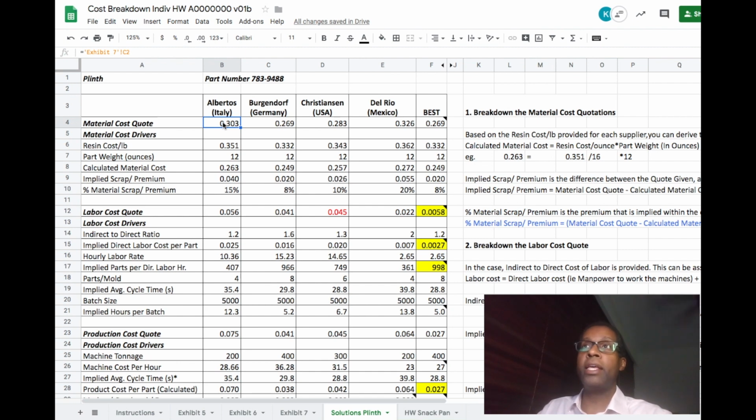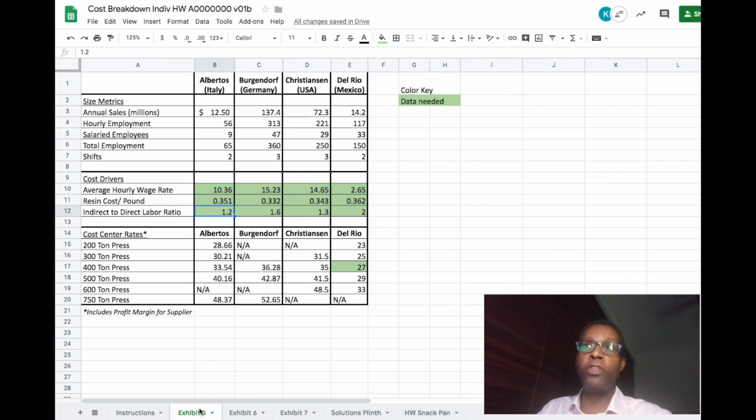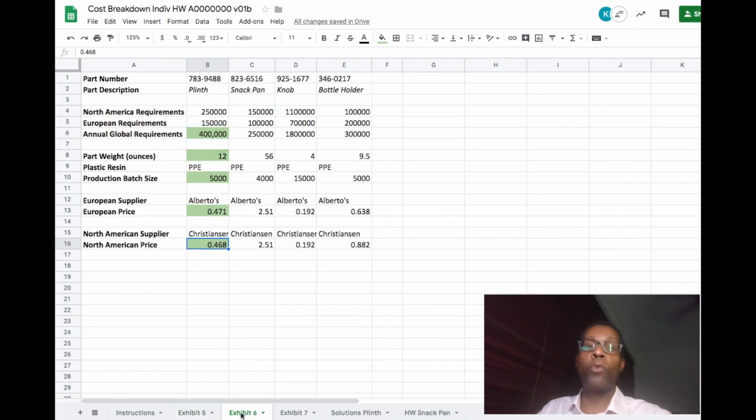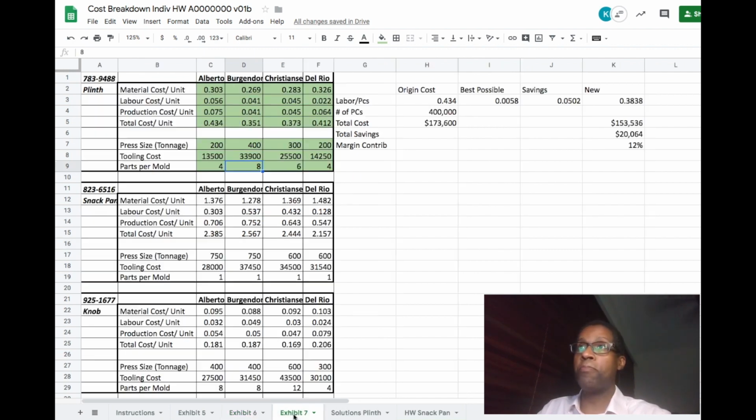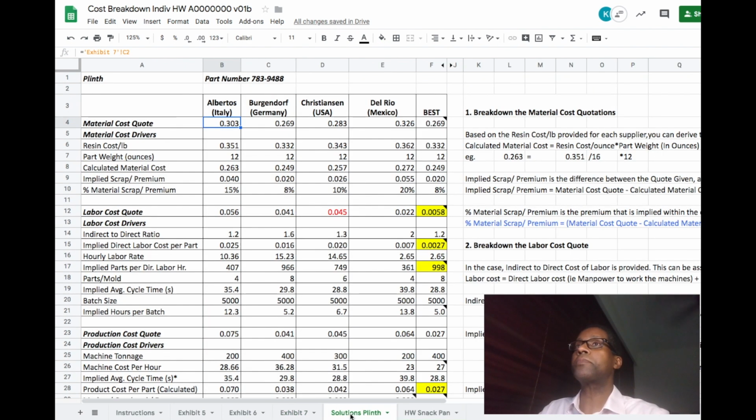We did look at the requirements of our company and did a comparison of the requirements and part weights and other specs across all the companies, as well by part number in Exhibit 6. And in Exhibit 7, we had the detailed quotes from each one of the suppliers for each part. And now we're going into the solution. So we're going to be referring back to each one of those exhibits as we go through this.